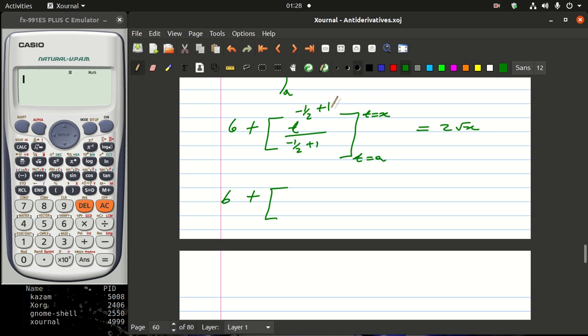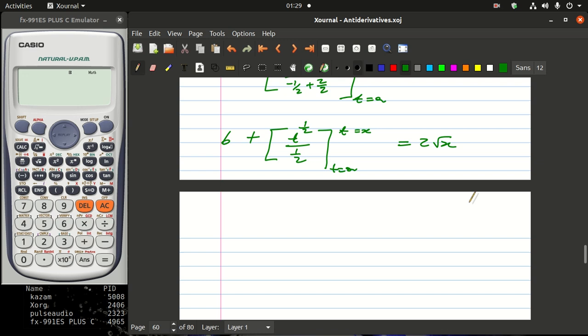I want you to realize that 1 is the same as 2 over 2, and 2 over 2 is a common denominator, and 2 minus 1, I know that is just a 1, so we'll end up having t raised to 1 over 2 divided by 1 over 2 evaluated when t is equal to a and when t is equal to x, and then this is equal to 2 root x.